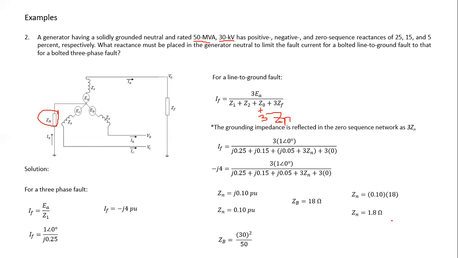So ZN has a reactance of 1.8 ohms. That's the end of our example for unsymmetrical faults. Thank you and God bless.